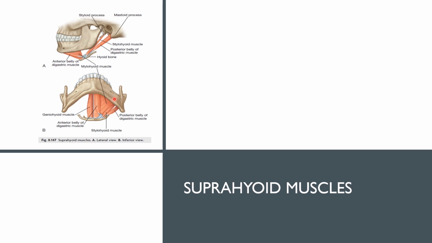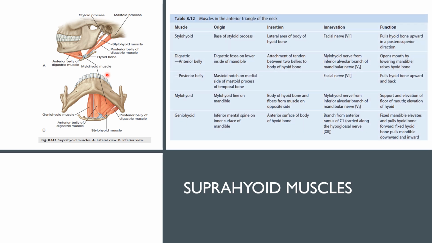And we have also the stylohyoid muscle, which is originating from the styloid process and extending down to the hyoid bone. So four suprahyoid muscles: geniohyoid, anterior belly of digastric and posterior belly of digastric, mylohyoid, and stylohyoid.